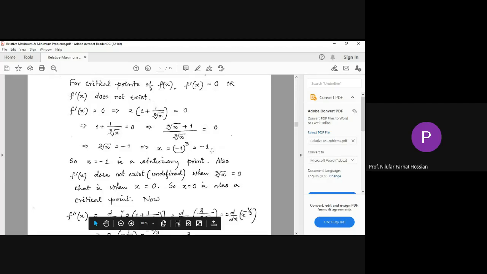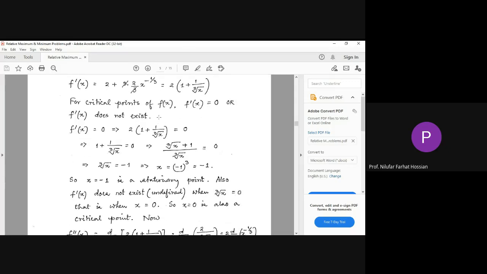Now, for what value of x will this derivative be undefined? You see, this was the expression. Here it will be undefined when x equal to 0. Isn't it? Because when x equal to 0, this becomes infinity, 1 by 0 infinity. That means f prime 0 becomes undefined.